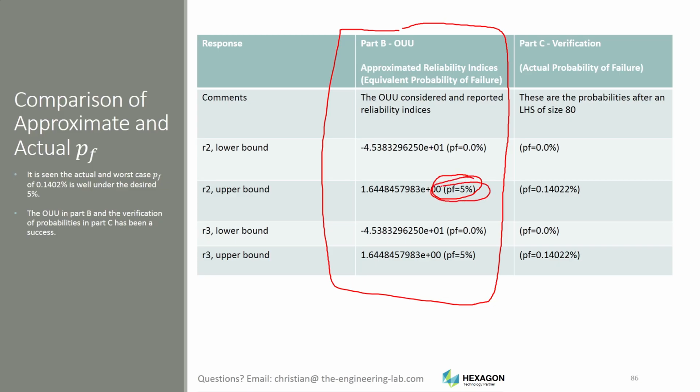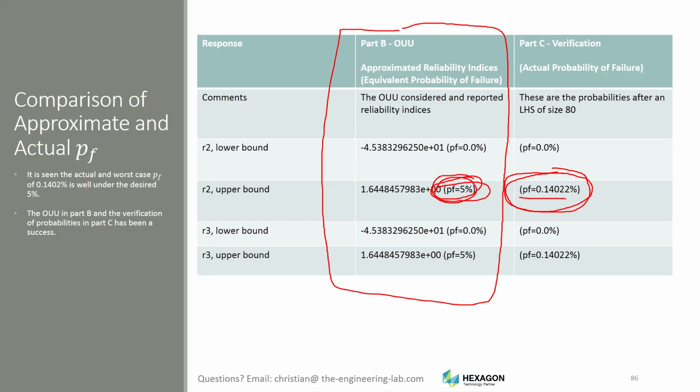So this probability of failure is an approximation. What we did just now, we configured an uncertainty quantification with one design cycle for the OUU. We ran Nastran 80 times, and in a moment, we're going to find what the actual probability of failure is.